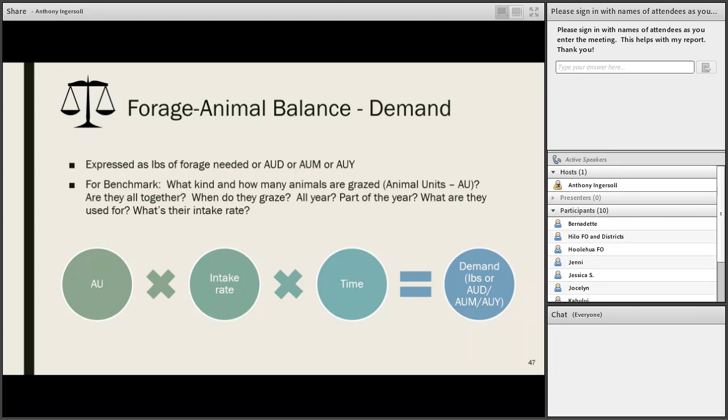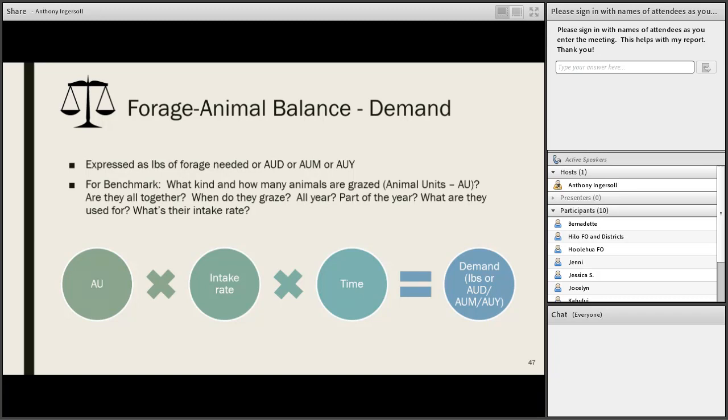And so when we're looking at a benchmark situation, we need to try to pin down what kind and how many animals are grazing the landscape and convert those into animal units, finding out: are all those animals grazed all together or in separate herds, when do they graze together or separately, are they grazing on that whole system all year? Do some of those animals only come out there for part of the year? What are the goals? What are those animals used for? What are they producing?